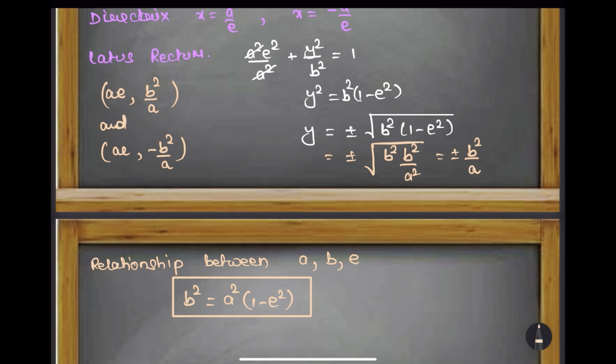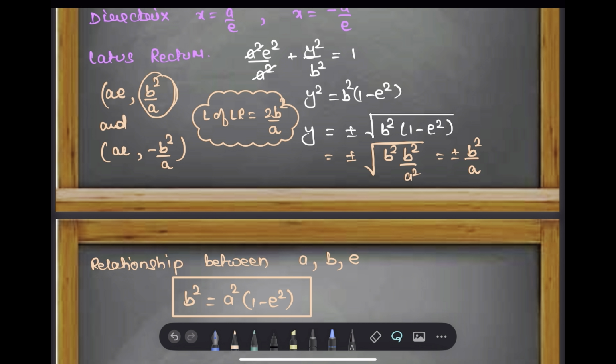And if I ask you the length of latus rectum, you will say 2 times b square by a. If you can memorize it, good. If you cannot, it's not a big deal. We will solve these kinds of questions in that case also. But try if possible.